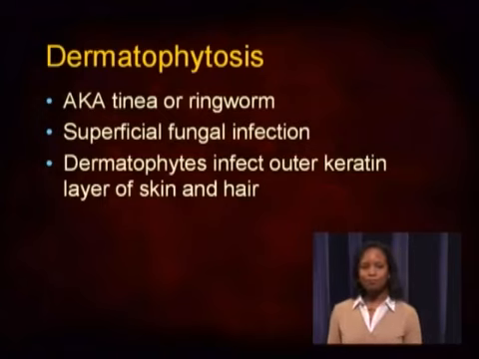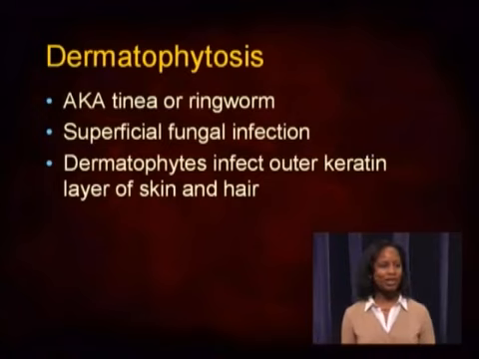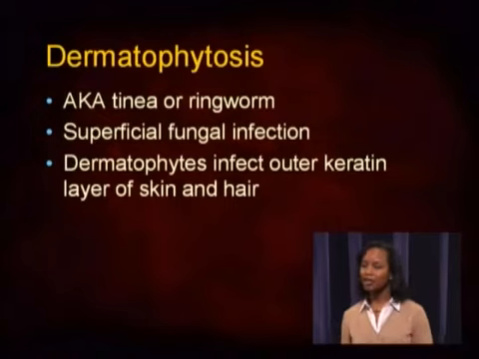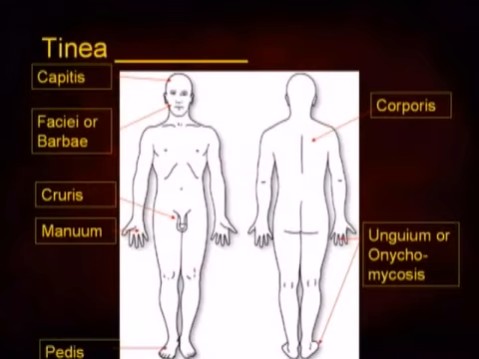Dermatophytes are pretty effective organisms at what they do. They can get into the keratin on the surface of the skin, as well as hard keratins like into nails and into the hair shaft. The way that we name a dermatophyte infection is with the first word tinea, followed by the Latin term for the anatomic site that's involved.